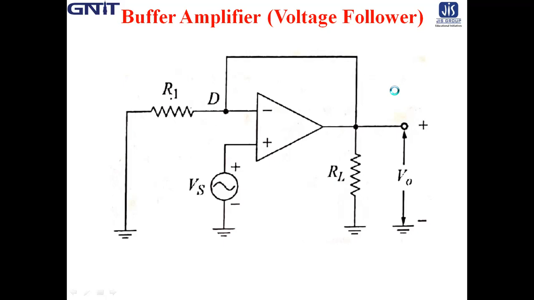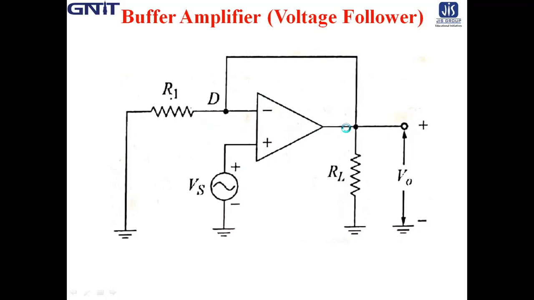Based on this concept, we configure the voltage follower circuit, which is basically a short-circuited feedback resistance, that means Rf equal to 0.